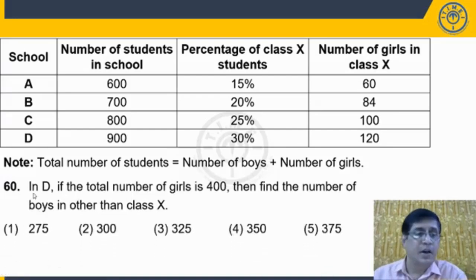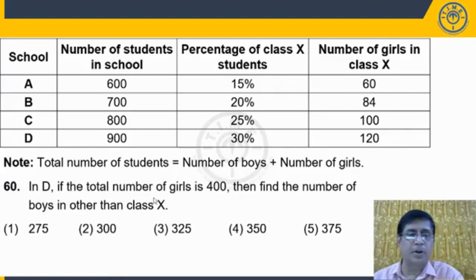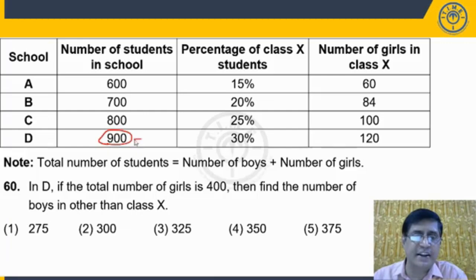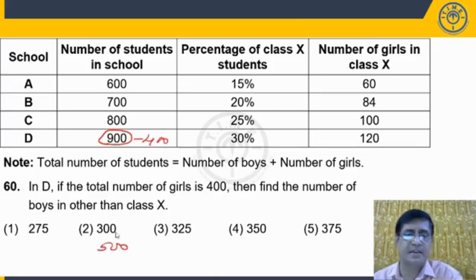Next. In D, if the total number of girls is 400, find the number of boys other than class 10th. So D, the total number of girls is 400. So in D, what is the total students? 900. In that 900, 400 are girls, which means the remaining 500 are boys. So what we need to find?